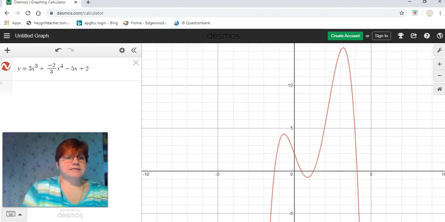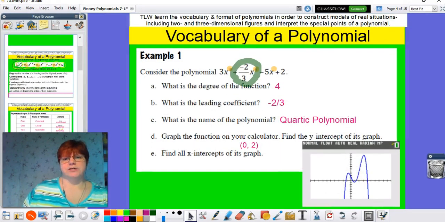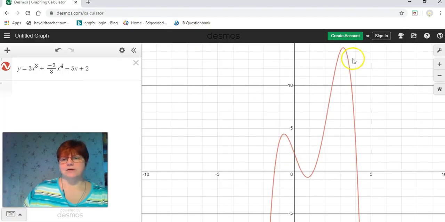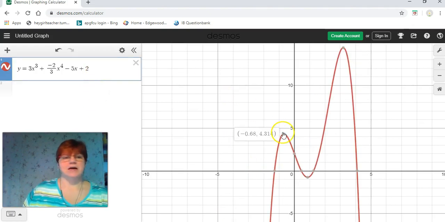Okay, so here we are in Desmos, and I've just typed my equation in exactly like I saw it on my screen over here: 3x to the 3rd plus a negative 2/3 x to the 4th minus 5x plus 2. This is what I saw when I typed it into my calculator when I made this flip chart. So what I want to do is find the x-intercepts and the y-intercepts.